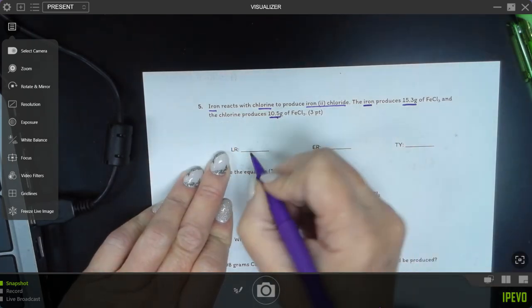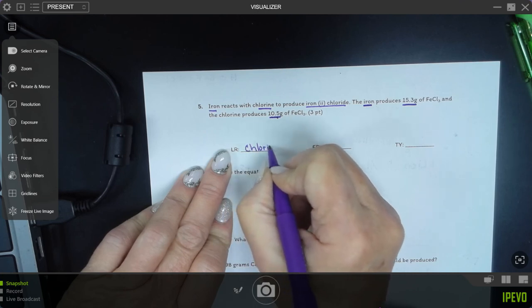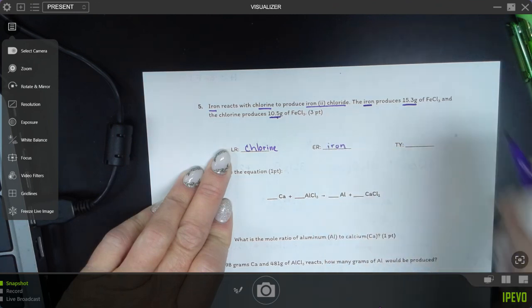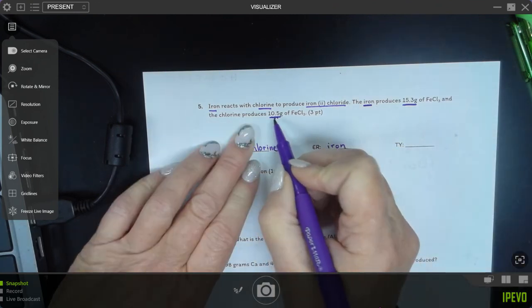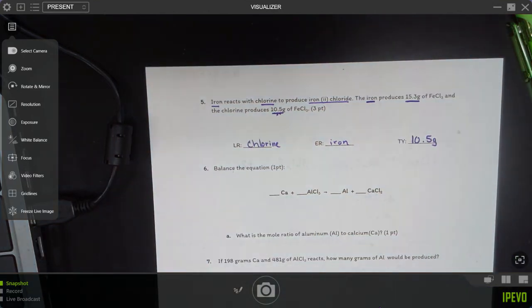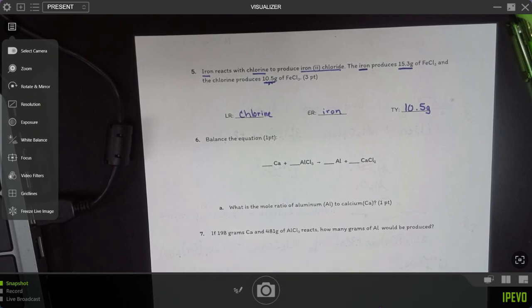So in this case, our limiting reactant is going to be chlorine, and our excess reactant is going to be iron, and our theoretical yield is just what's produced from chlorine, so 10.5 grams. All right, so that one was like a word problem that you really didn't need to do any math.